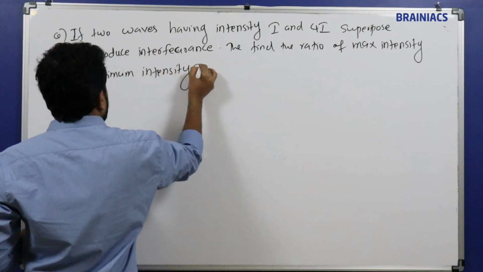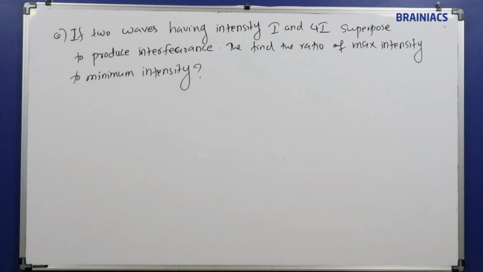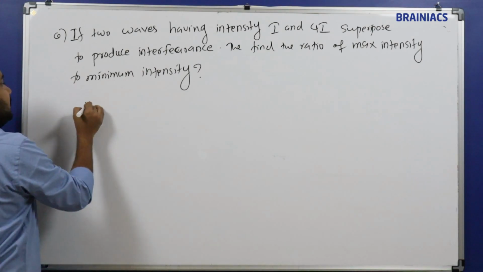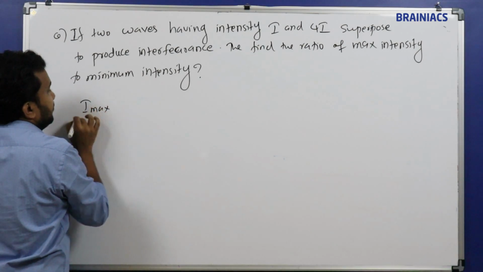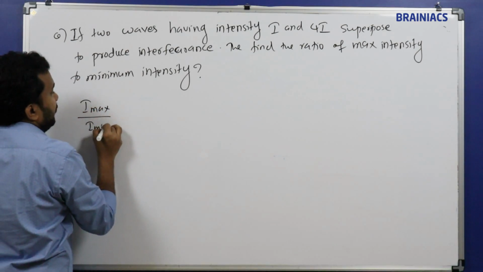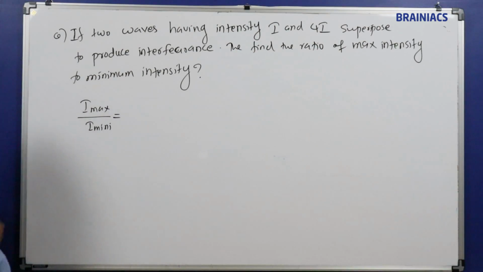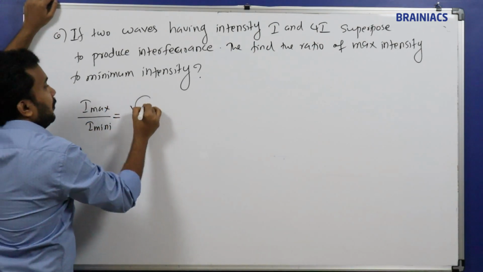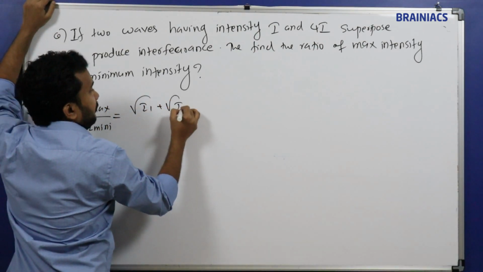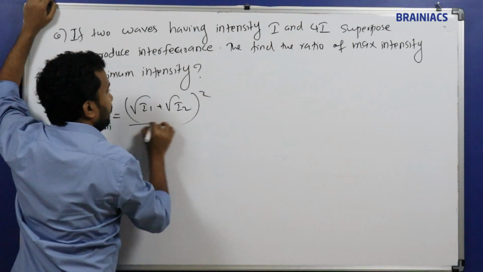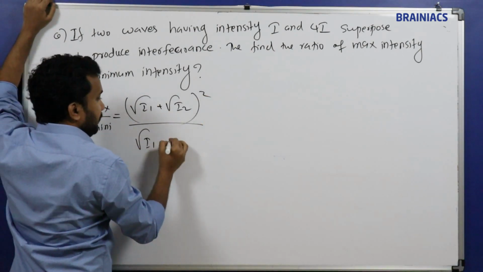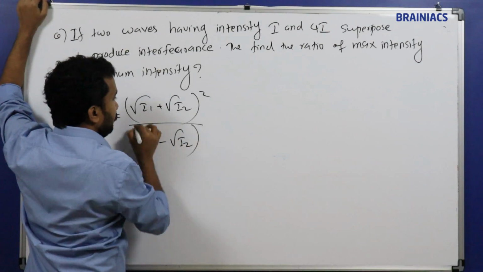Maximum intensity to minimum intensity ratio. I max to I minimum. How to find it? What is I max? Root of I1 plus root of I2 the whole square. What is I minimum? Root of I1 minus root of I2 the whole square.